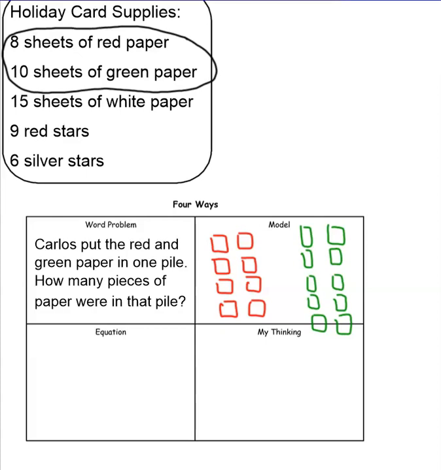How many pieces of paper were in that pile? So if we put these all together, if I had 8 sheets and I put them in a pile with 10 sheets, how many do I have?